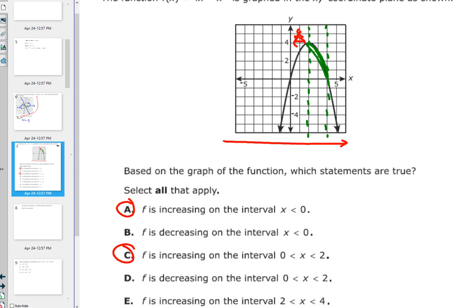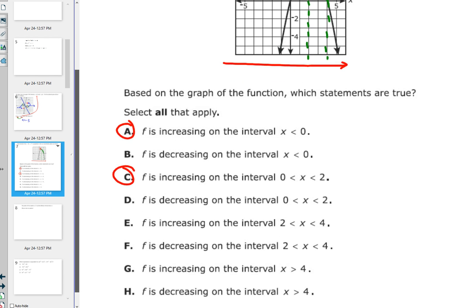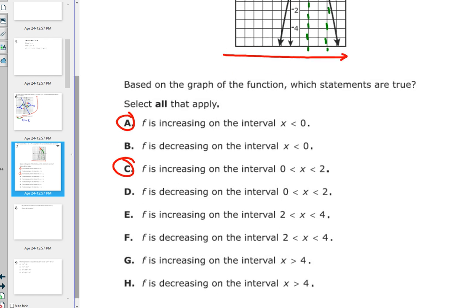Now he'd be going down, so this is decreasing. Anytime they use these words, increasing or decreasing, they're talking about left or right. So it'd be decreasing, and then finally at the very end, when x is greater than 4, that one should be obvious. That's at the very end of the roller coaster. Is he still headed down or going up? Down. So the ones you would have selected there are A, C, F, and H.